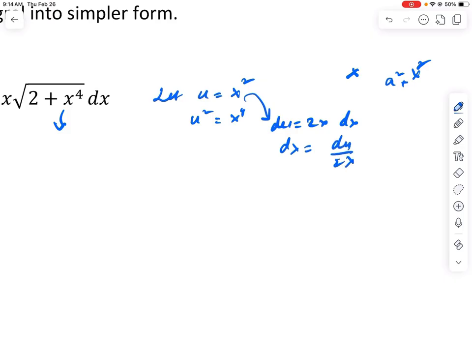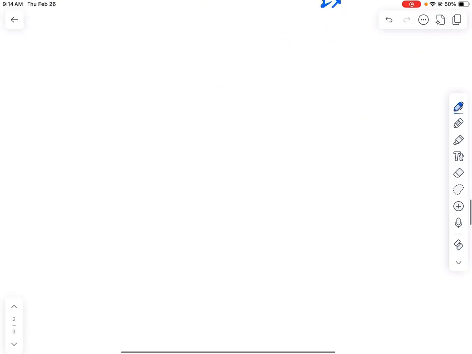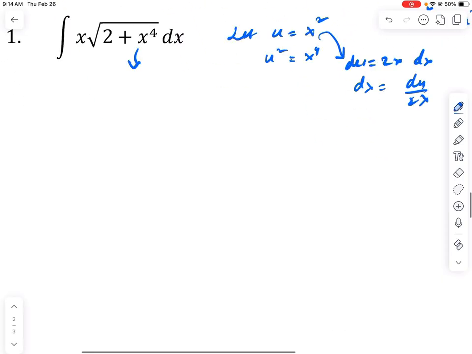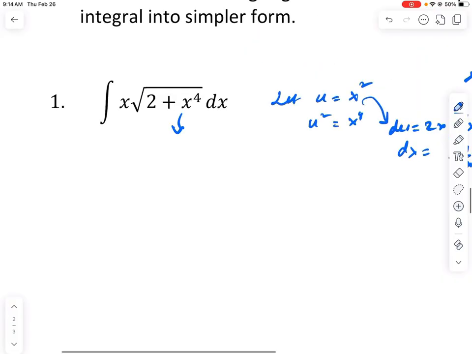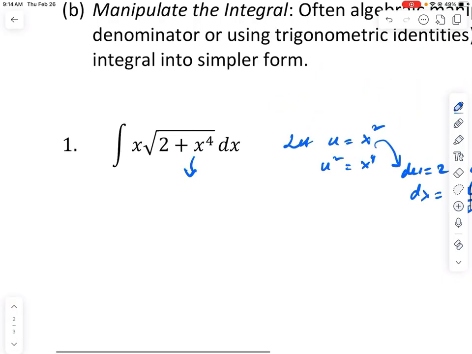Now we substitute these quantities. So we have the integral of x times the square root of 2 plus u squared times du over 2x.